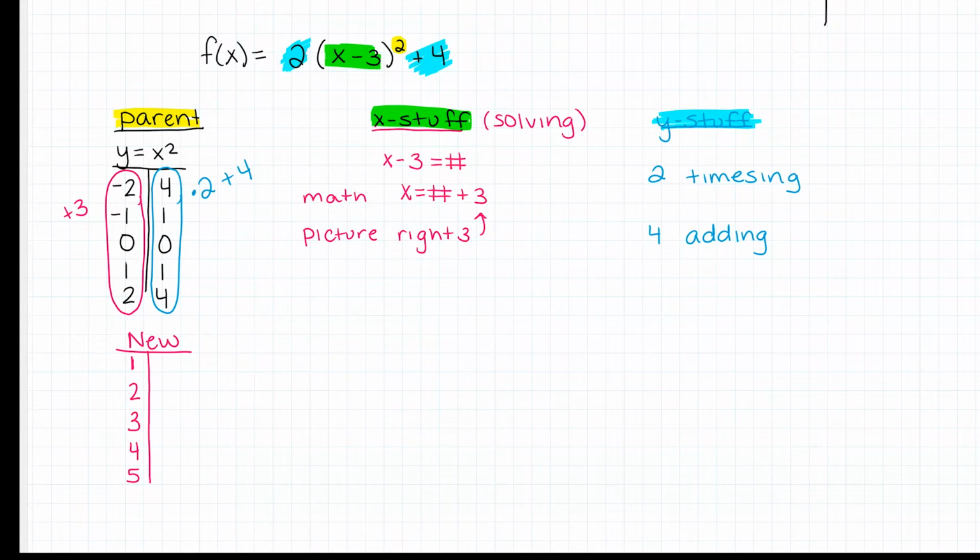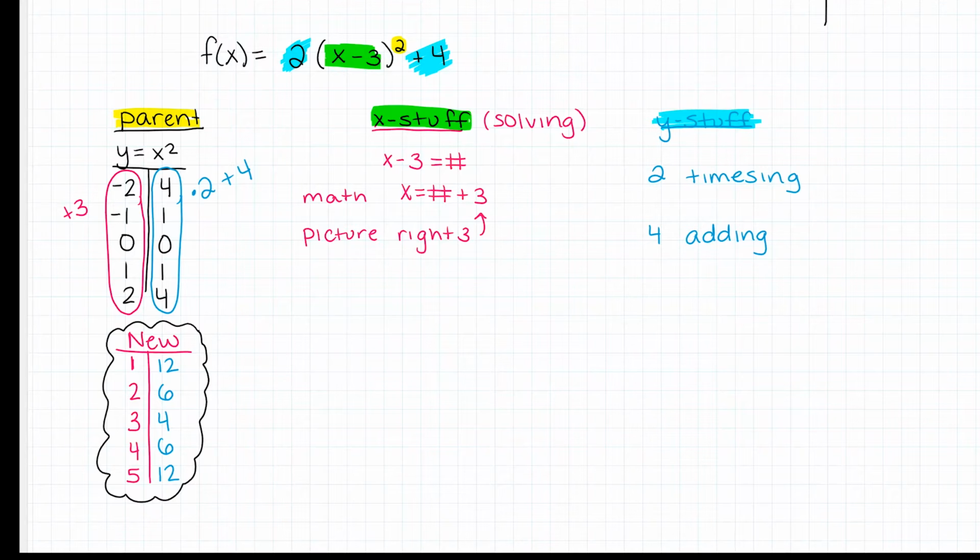So 4 times 2 is 8, plus 4 is 12. 1 times 2 is 2, plus 4 is 6. 0 times 2 is 0, plus 4 is 4. 1 times 2 is 2, plus 4 is 6. And 4 times 2 is 8, plus 4 is 12. So these are going to be our new coordinates to graph.